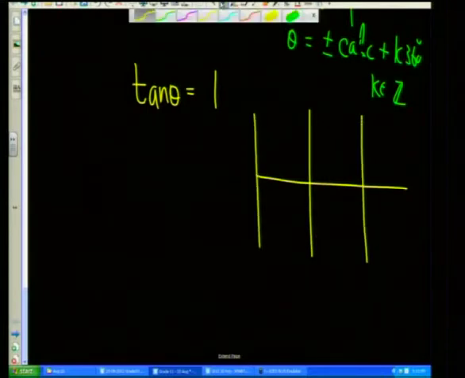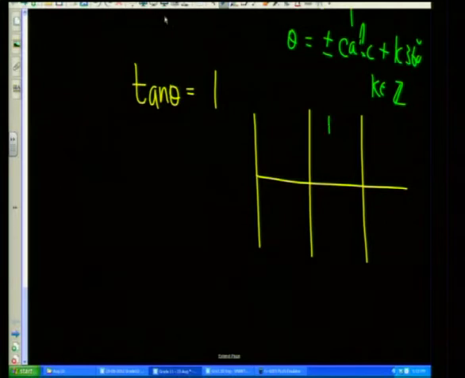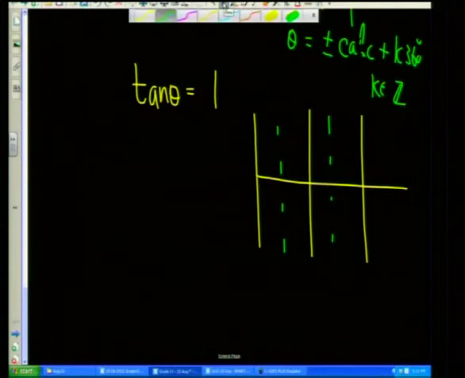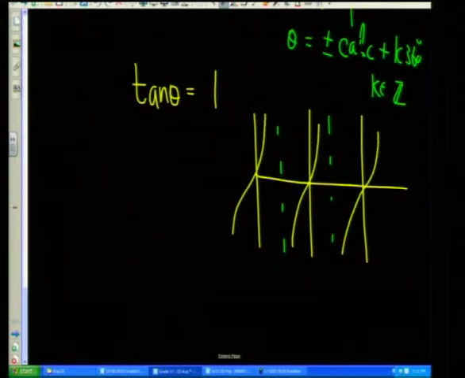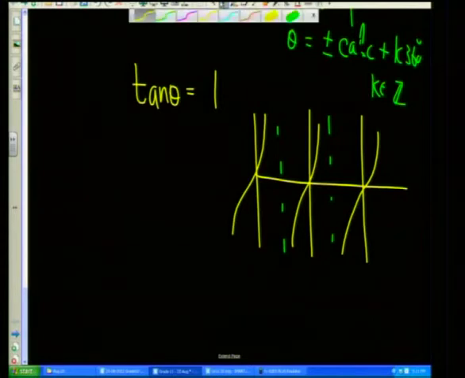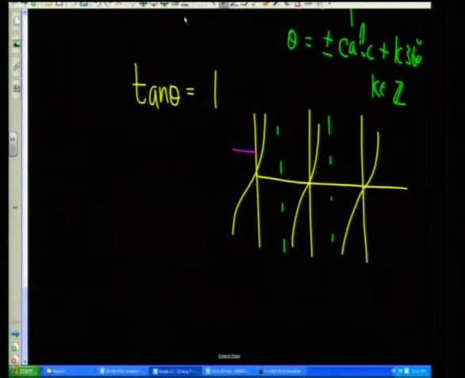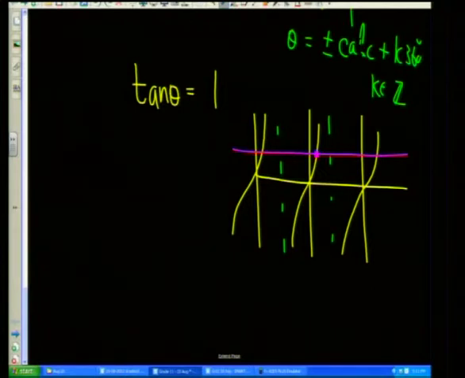So what happens is at 90 degrees I get an asymptote, and then I get these curves doing that, and then doing that, and doing that. So if I'm asking you for where it is equal to 1, it would be equal to 1 there, and the second one is just 180 degrees later, because the tan function is periodic over 180.